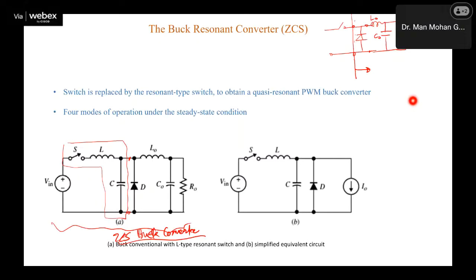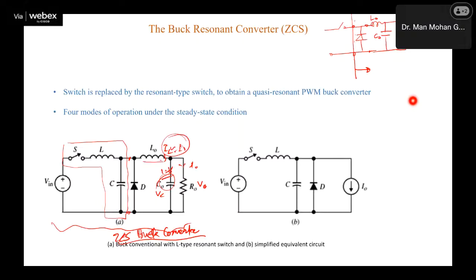We have seen in buck converter analysis also that this is our load current and this is inductor current, right? This is our capacitor, this is our capacitor voltage, and this is our load voltage. In a steady state, the average current through this capacitor is zero. And this load current and this inductor current both are almost same.